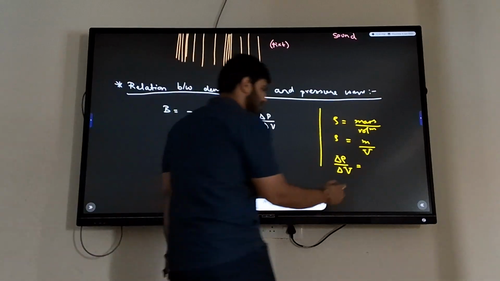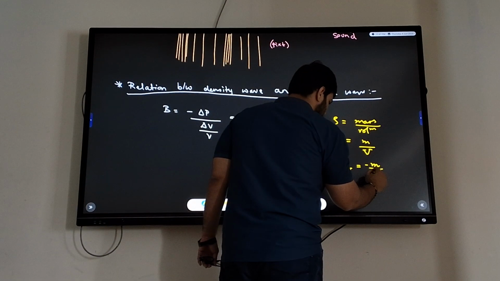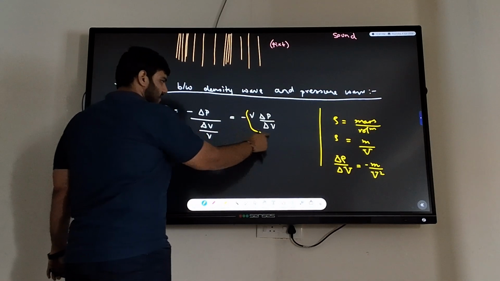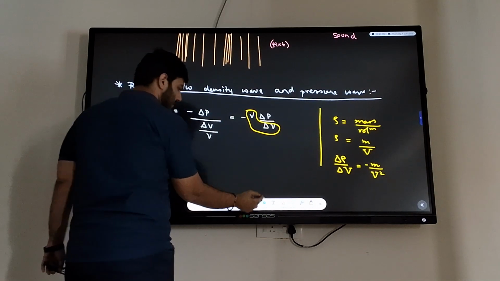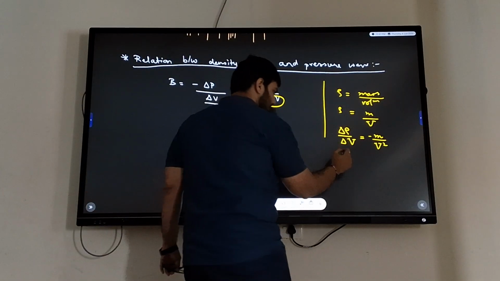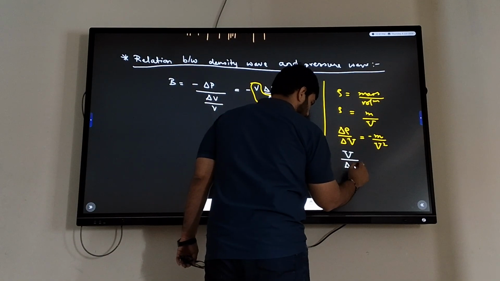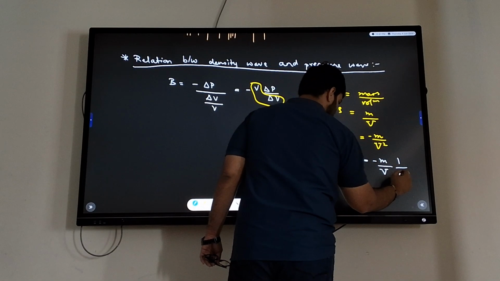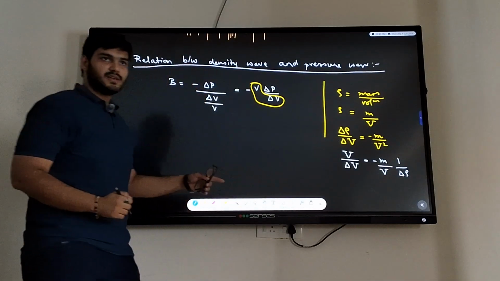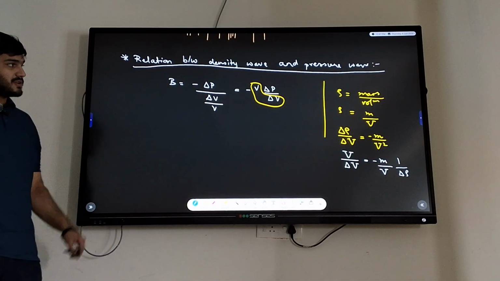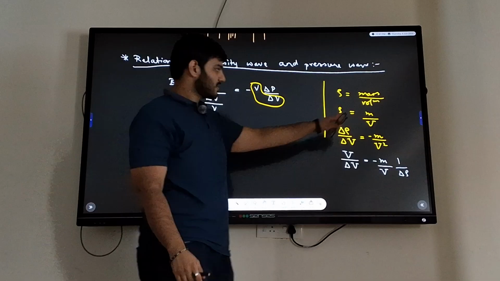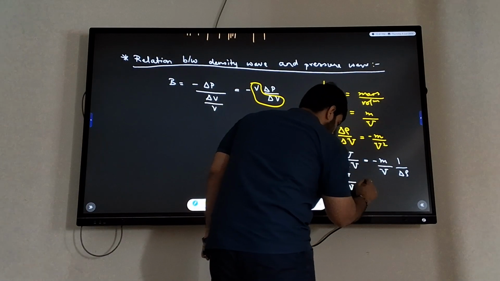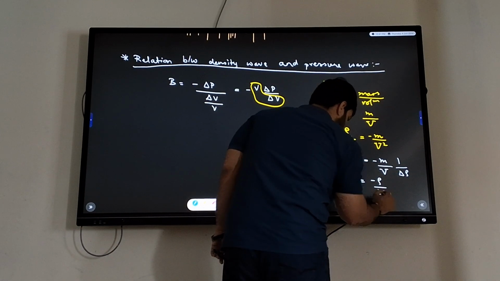Minus 1 by x square. So I can write it like minus m by V square. Now I want V by delta V, so I can write it like V, putting one of the V here, by delta V, and this will be minus m by V times 1 by rho delta rho. Please check my steps. And what is m by V equal to? That's density, na? So V by delta V is minus rho by delta rho.